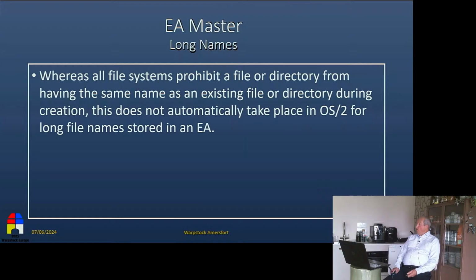Now, in all file systems which we are used to, you cannot have two files with the same name. By definition, it would be crazy, right? Because which one are you going to get? Unfortunately, long names can sometimes be the same.